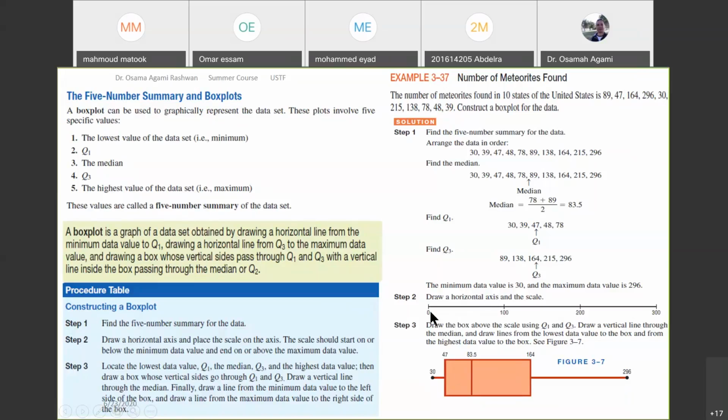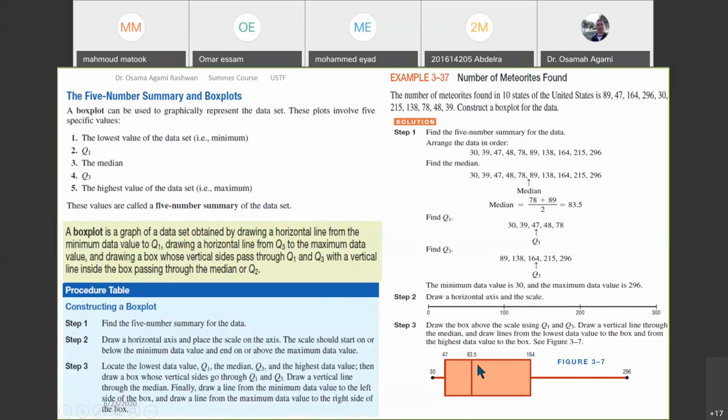I scale it from 0 to 300 because I have 296. I go to the 30 here and I put the minimum. At 47, I start to open the box, the first edge. At 83.5, I make the second edge of the box. At 164, I close the box. This is my box plot.